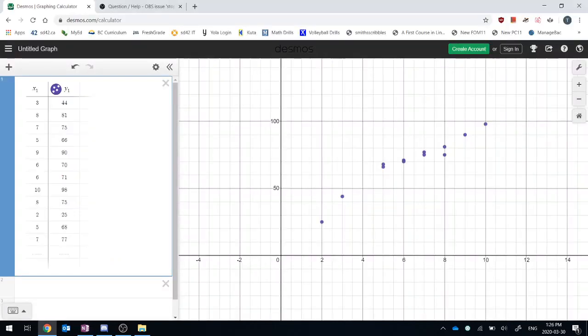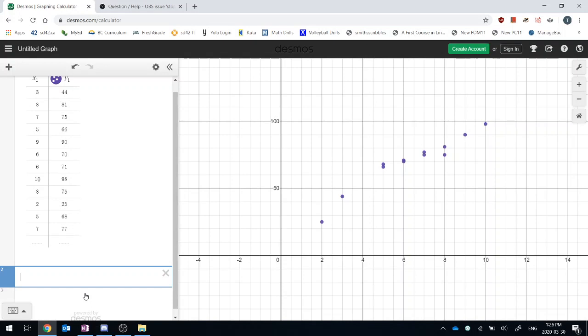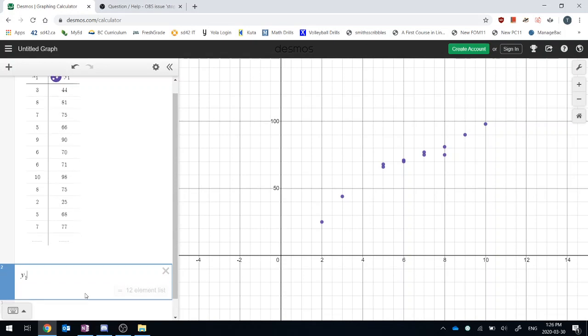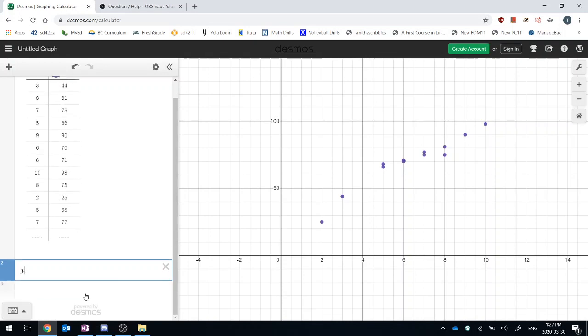Okay, so the question is asking us to provide a linear regression. So we're going to come in here. Actually, I'll do it this way. So y equals a times x plus b. All right, so that's the general form of our linear equation. So again, we're not using x and y.